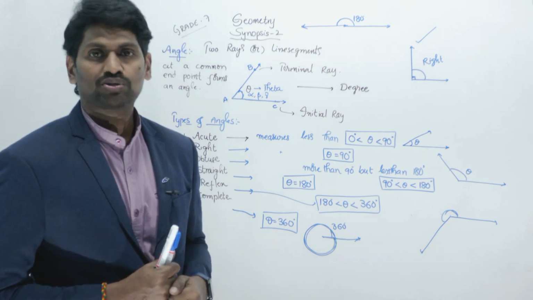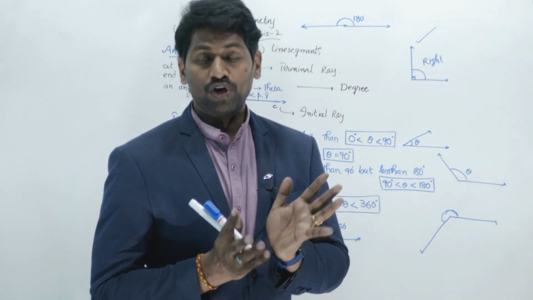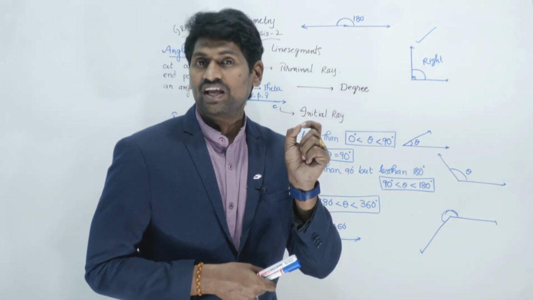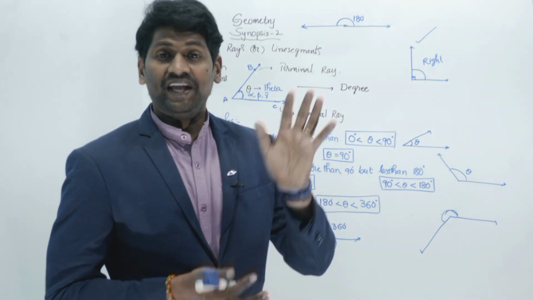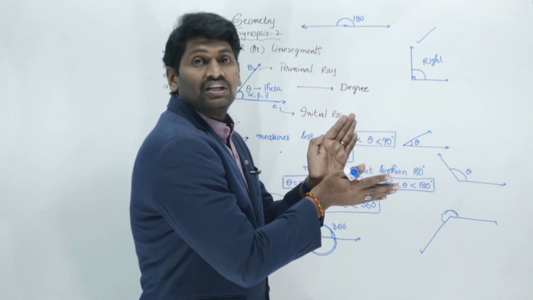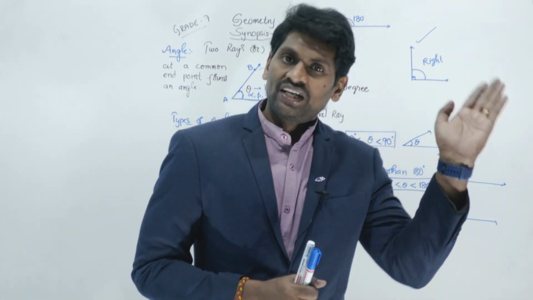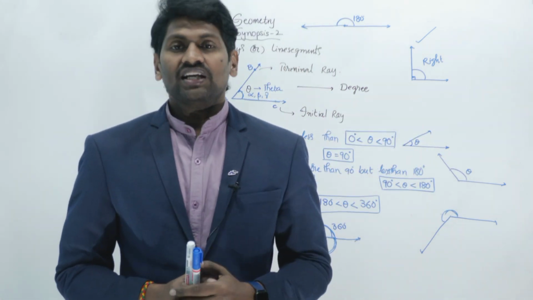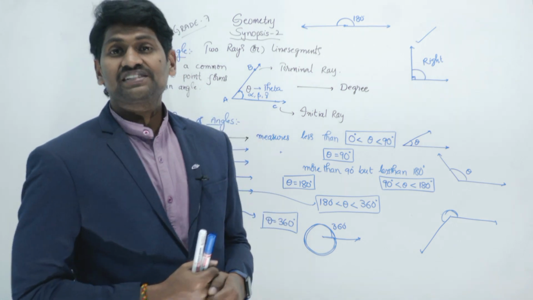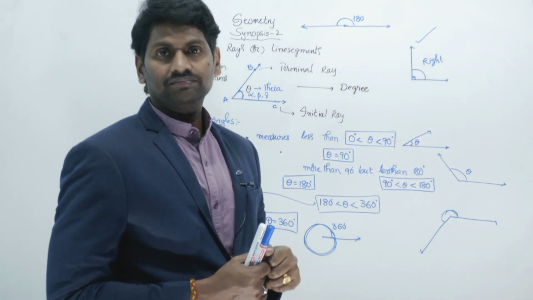An angle which is less than 90, the smallest angle, that means very acute angle, we can remember. Exactly 90 degrees, like an L shape, that is nothing but a right angle. More than 90, less than 180, that is an obtuse angle. Exactly 180 degrees like a straight line, straight angle.